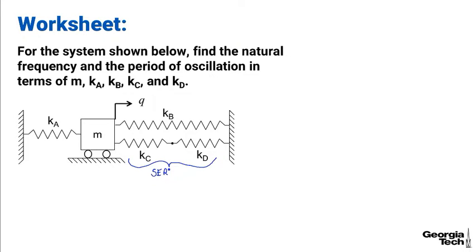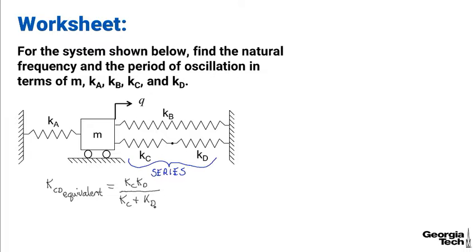And we know how to combine springs in series. And so let's call it k sub CD equivalent, which is equal to k sub C, k sub D over k sub C plus k sub D.